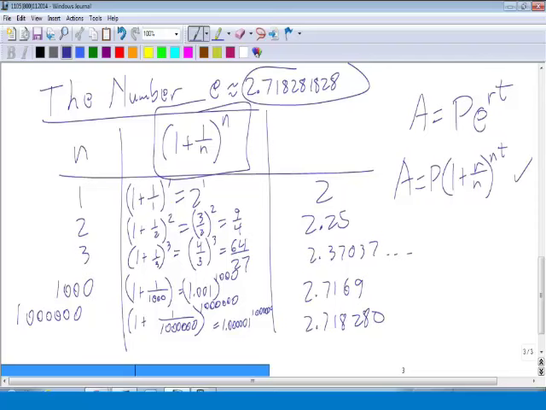If we look at the way the number e is defined, it's what the expression 1 plus 1 over n to the n approaches as n approaches infinity, and it takes just a little bit of work to show the details, but as n approaches infinity, this expression approaches the value of this expression.